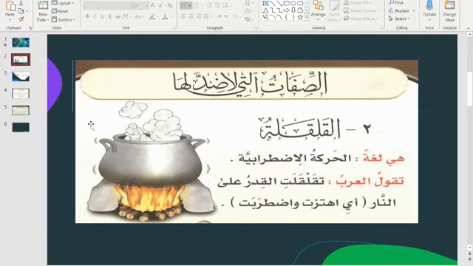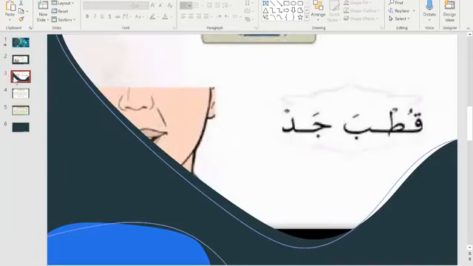So when we say تقلقلت القدر, or القدر actually, that would mean that the pot is shaking. And when we speak about shaking, we don't necessarily shake every single letter. There are certain letters that we give a shake, and those letters are simply the letter qa, ta, ba, jim, and dal.